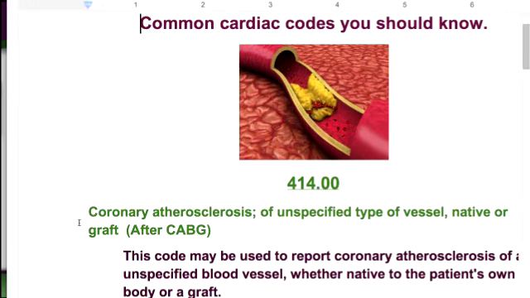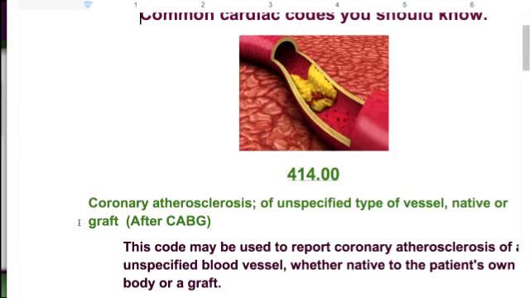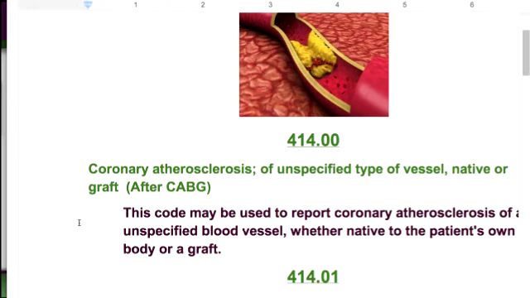This is CAD, okay? If you're not familiar with that abbreviation, when someone says they have CAD, that's what it is. But what makes this CAD different is this is the one you use after a person's already had a CABG, okay? And that means they've had a bypass graft put in.